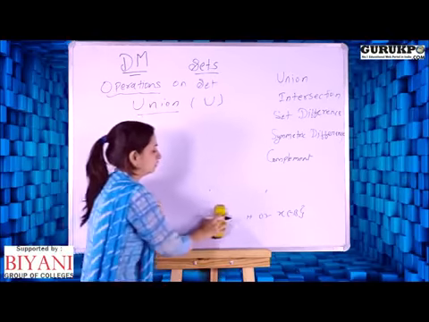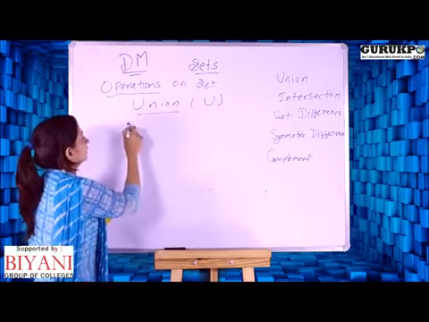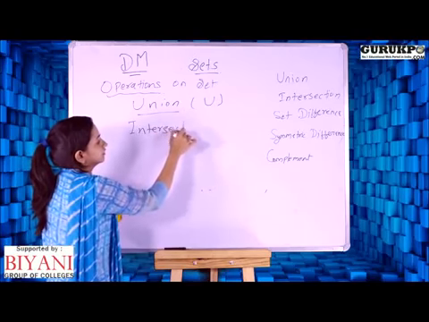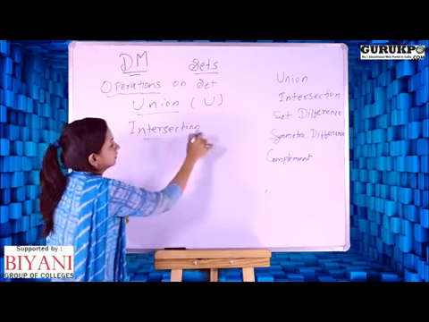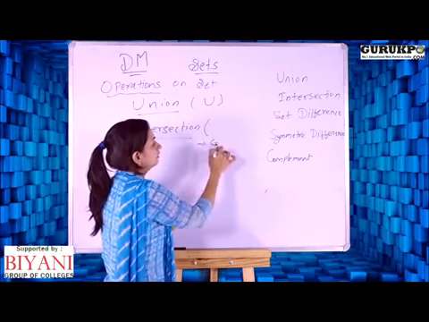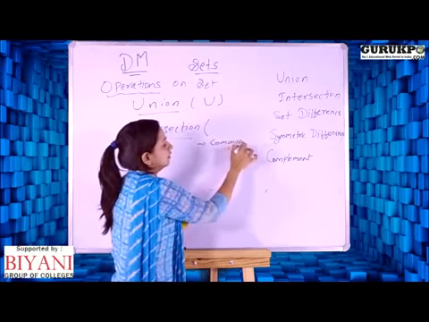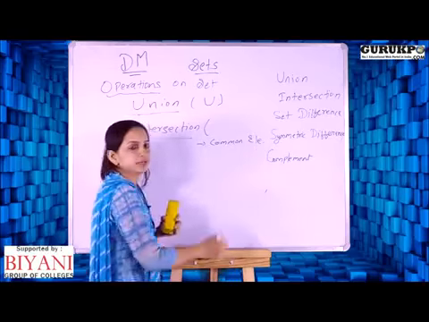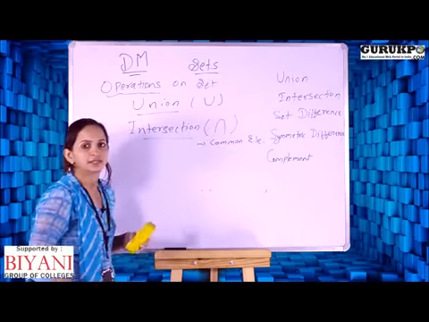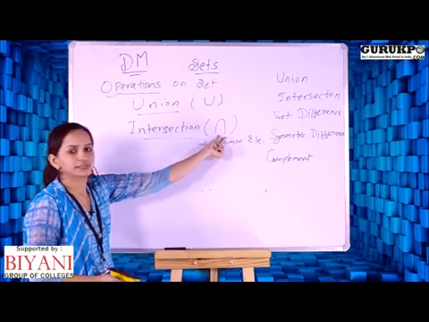Now the second operation is intersection. Intersection means the common elements of both sets. The symbol used for intersection is the opposite of union, this one.